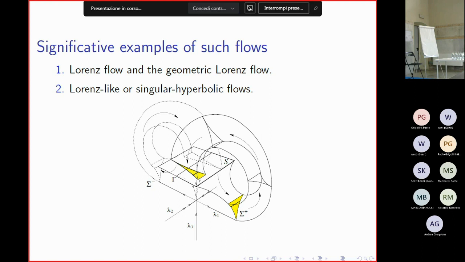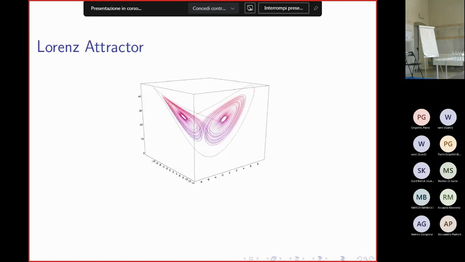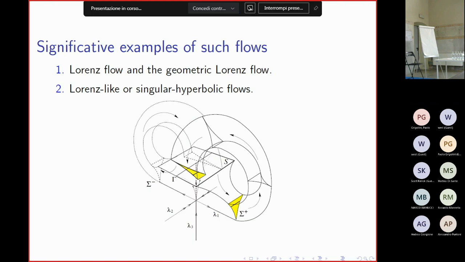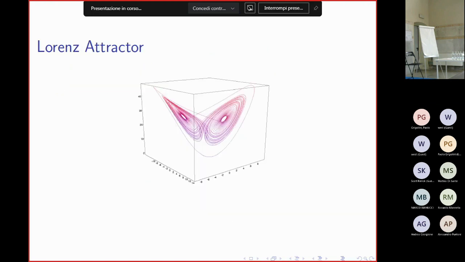sensitive dependence on initial data. That means that once you start with two nearby points and evolve through time, the orbits will be separated. This model, given by Guckenheimer and Williams, indeed proves the conjecture by Lorenz. This is the Lorenz attractor, which has the famous butterfly shape.